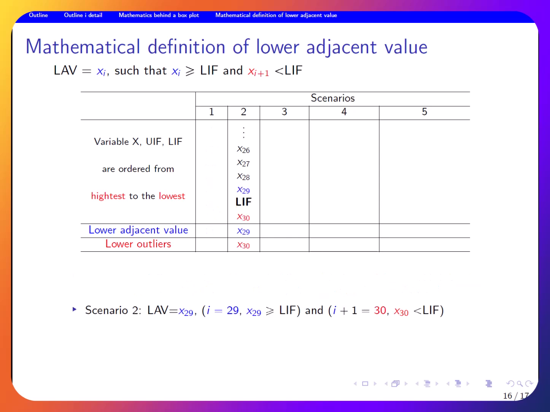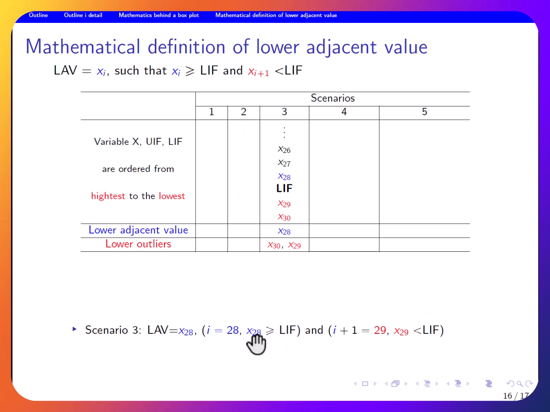Lower adjacent value equals x29, i equals 29, x29 is larger than or equal to the lower fence, and i plus 1 equals 30, x30 is smaller than the lower fence. Third scenario: lower adjacent value equals x28, i equals 28, x28 is larger than or equal to the lower fence, and i plus 1 equals 29, x29 is smaller than the lower fence.